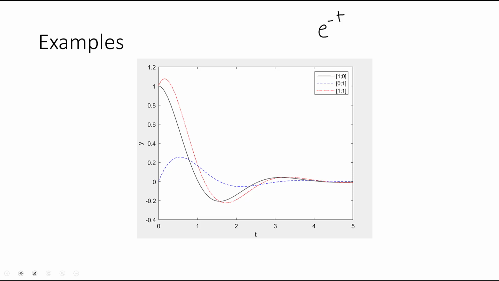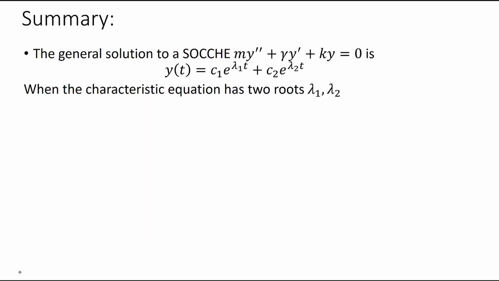So to summarize the observations in this and in general for our study of second-order constant coefficient homogeneous equations, or SOCH for short, we know that if our characteristic equation has two roots, lambda 1 and lambda 2, we end up getting a linear combination of two exponential functions for our solution.